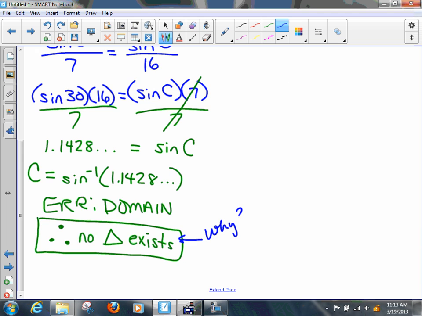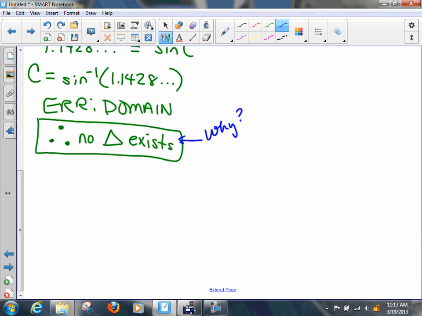Okay? Now, I need you to put just because, just for this problem. You're not ever going to have to do this again, but for your notes, I need this to be in your notes. Why is it no triangle exists?